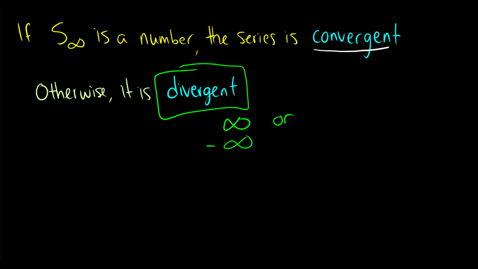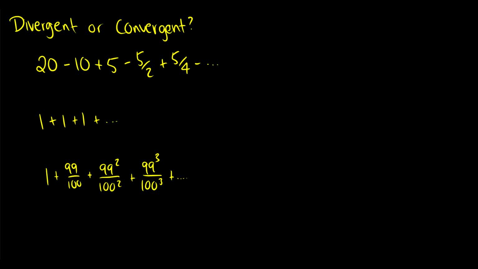So how can we tell if a series is divergent or convergent without even computing or calculating an answer? Well, we know that S infinity is equal to a over 1 minus r if the absolute value of r is less than 1.